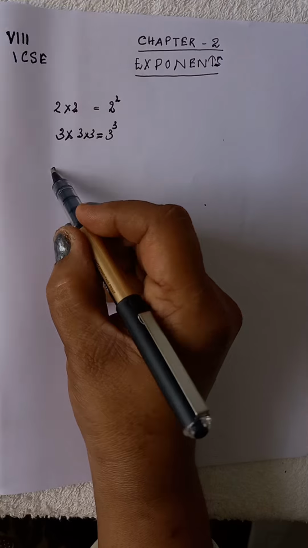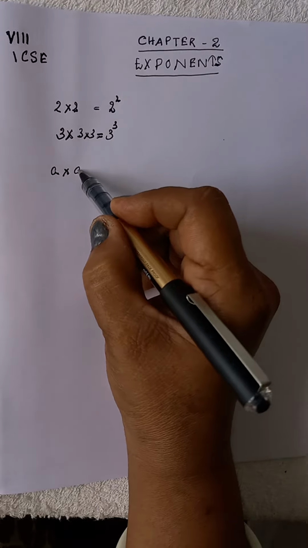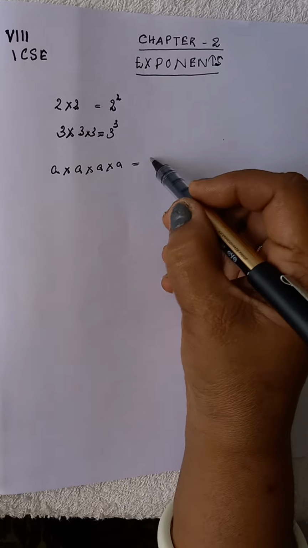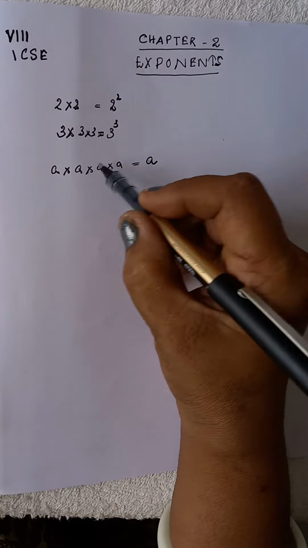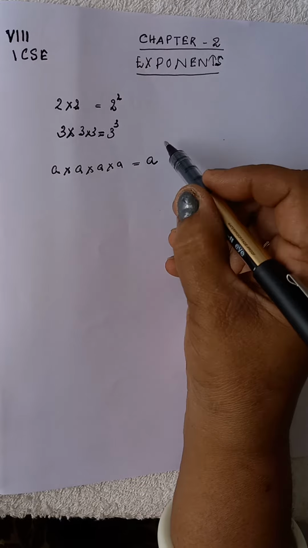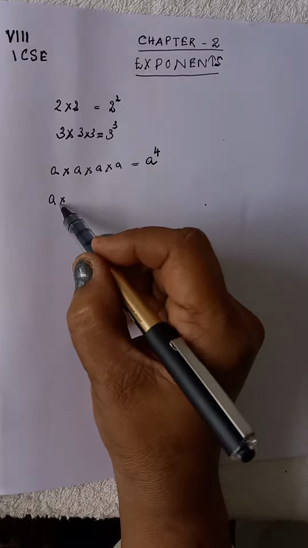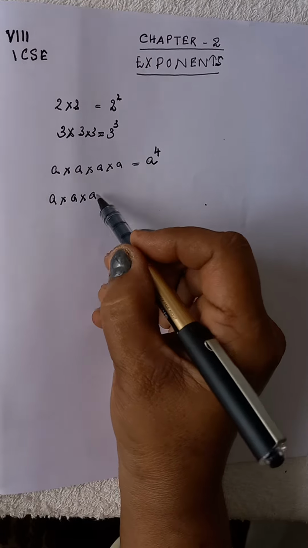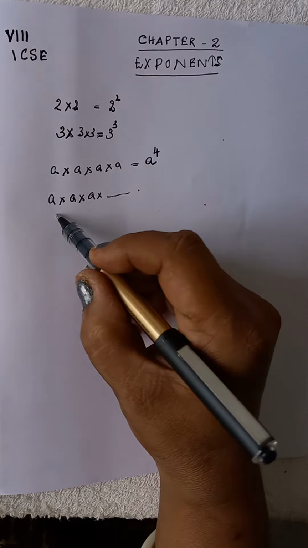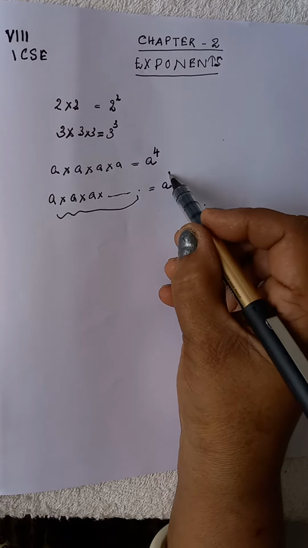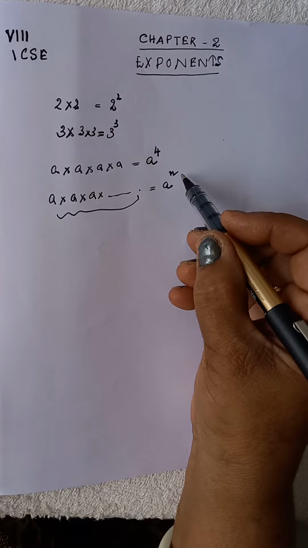If you take A into A into A into A, then A raised to 4, since 4 times we are multiplying. Now again, if you take A into A into A into etc., n times you are multiplying this A, then you will get A raised to n.